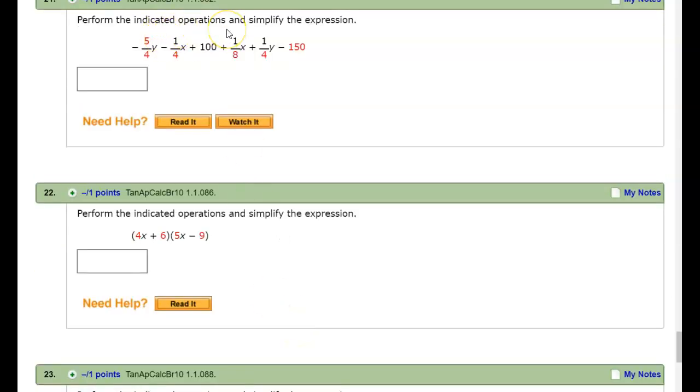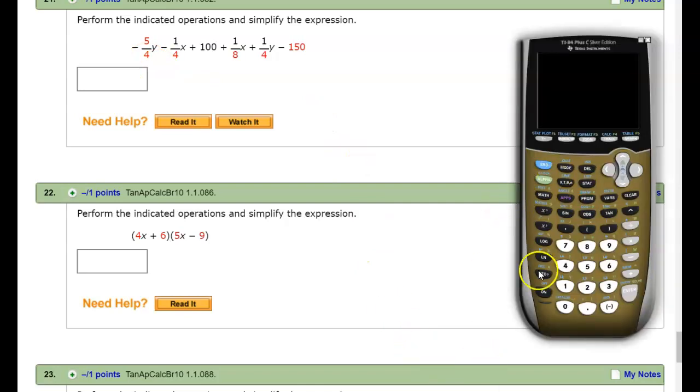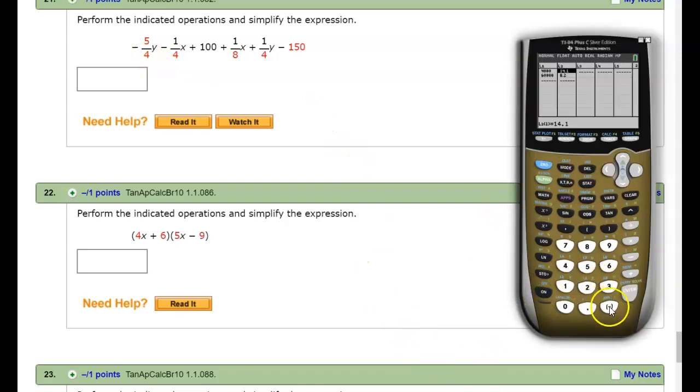Perform the indicated operations and simplify. Here they're going to want you to keep the fractions, so you can do these fractions on your calculator. Negative 5/4. So I have negative 5 divided by 4. And I'm going to add 1 divided by 4.